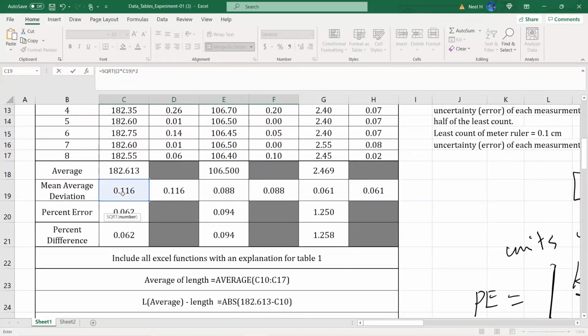Okay. Then plus, open brackets, 2 multiplied by delta W bar, the mean deviation for the width, close brackets, power 2, close the outer bracket for the square root, hit enter.